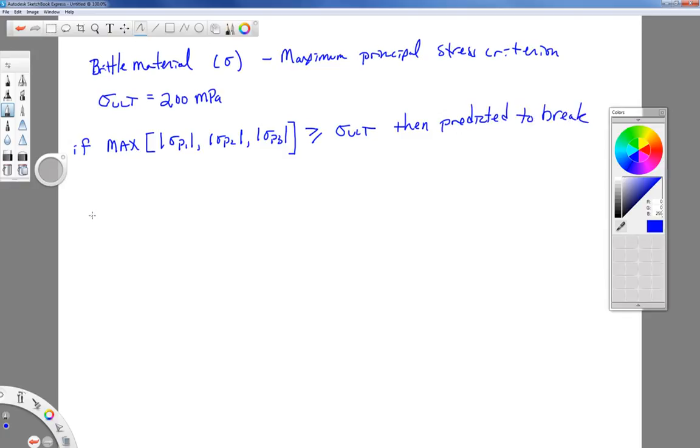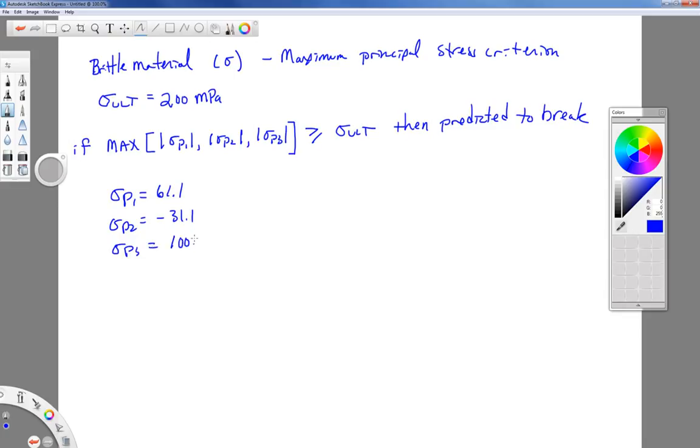All right, so if you remember in our previous example, let's list all three of them. In our previous example, using that stress state, sigma P1 was 61.1, sigma P2 was equal to minus 31.1, and sigma P3, which was sigma Z, is equal to 100.